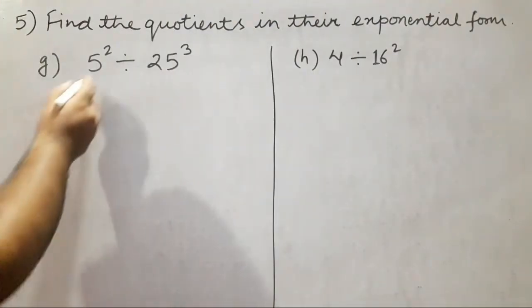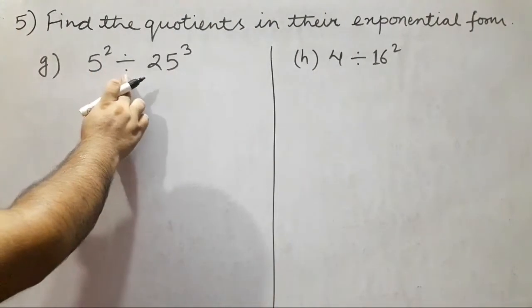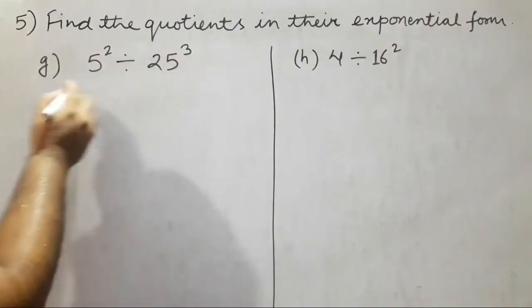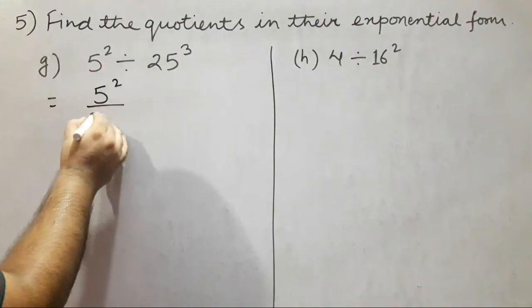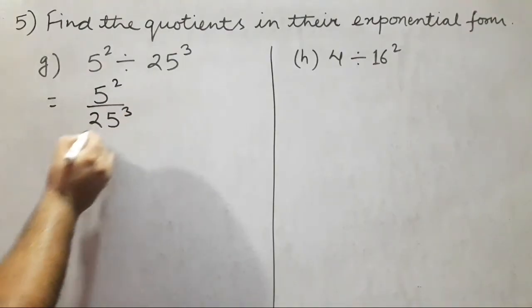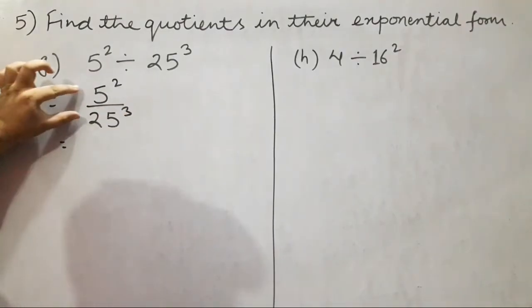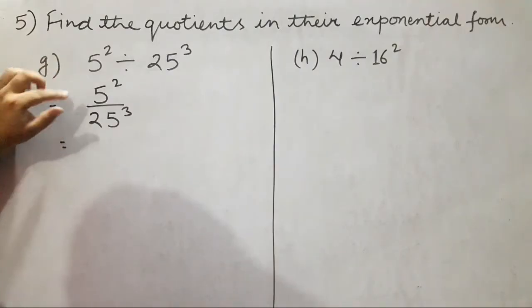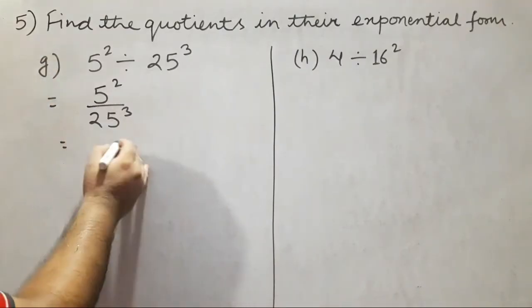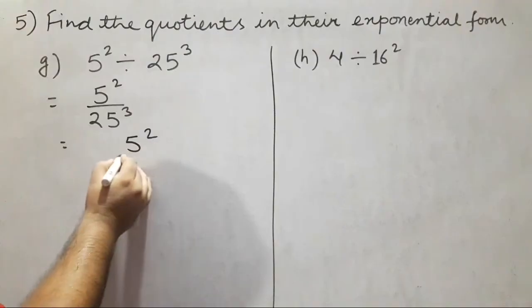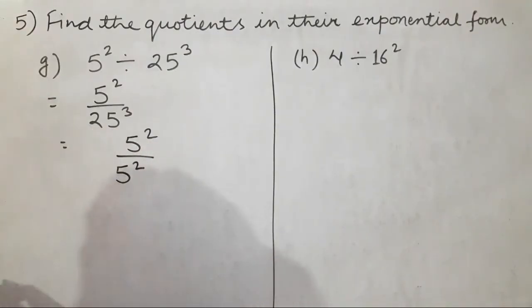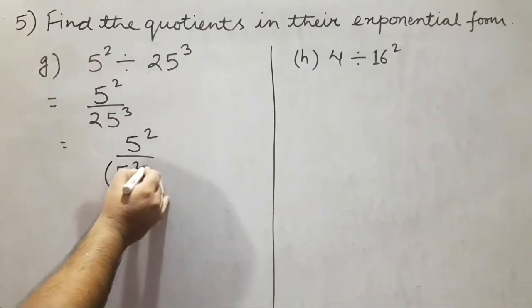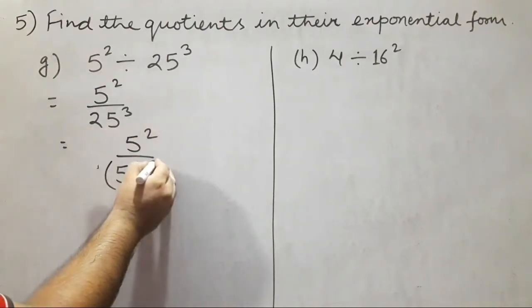Question number 5. 5 square divided by 25 cube. It can be written as 5 power 2 by 25 power 3. Here also the bases are different. Let's make them into same bases. 5 square as it is, by 25 can be written as 5 square. 5 square is equal to 25, bracket power 3.